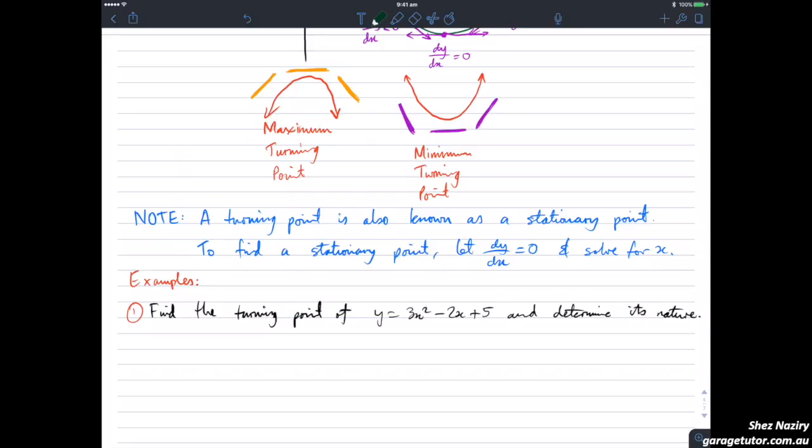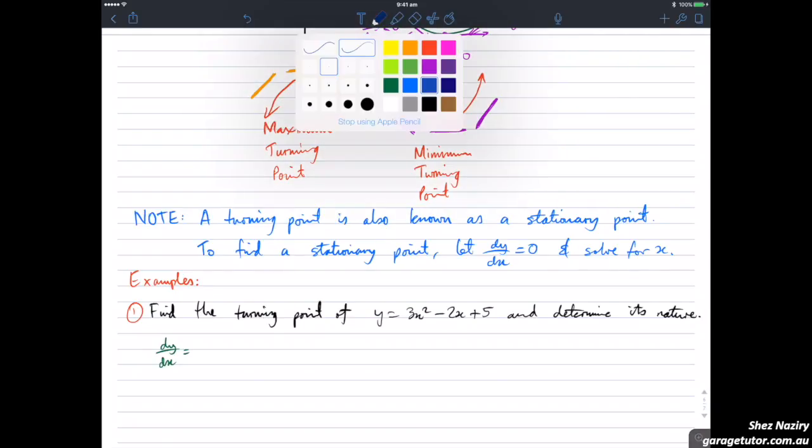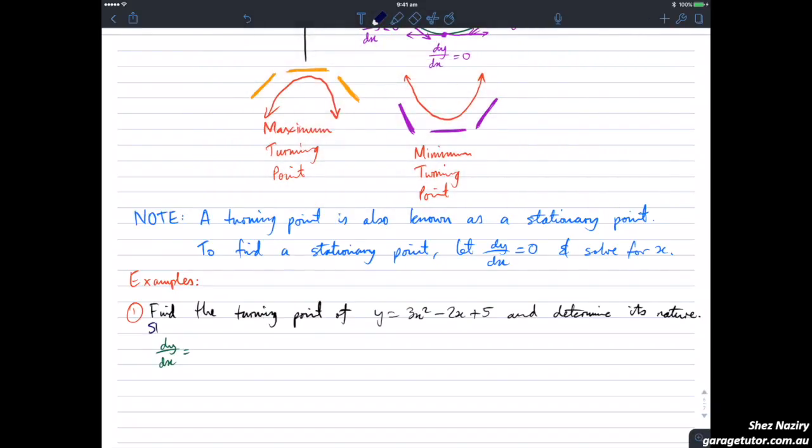So now, again, dy/dx equals 0. So this is step 1. Sorry, not equals 0. Step 1, you just differentiate. dy/dx is equal to 6x minus 2. Okay?